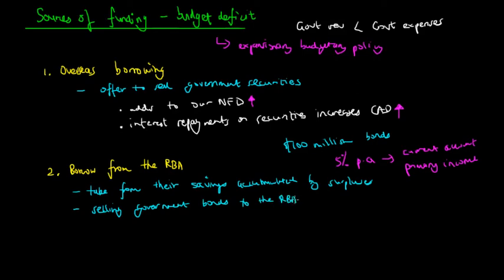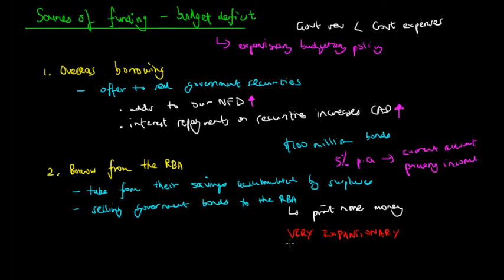So when they sell government bonds to the RBA, it essentially asks the RBA to print more money. And this is a very expansionary measure the government is going to take. And this is, must note, in red, very expansionary. In most cases, the government would not tend to do this because of the very high consequences on inflation and our purchasing power.